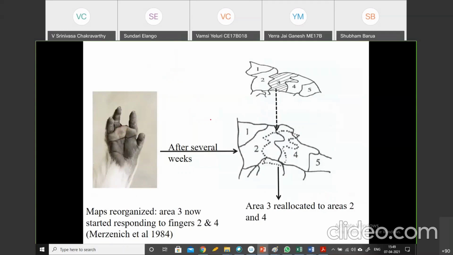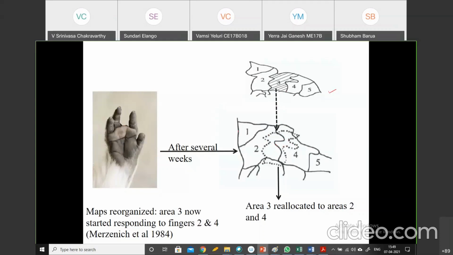Now, after several weeks of the middle finger being cut off, when they studied the responses, right after surgery it was like what was shown in the upper figure. After waiting for a few weeks, when they opened the brain again and looked at the map responses, the maps had changed quite radically.